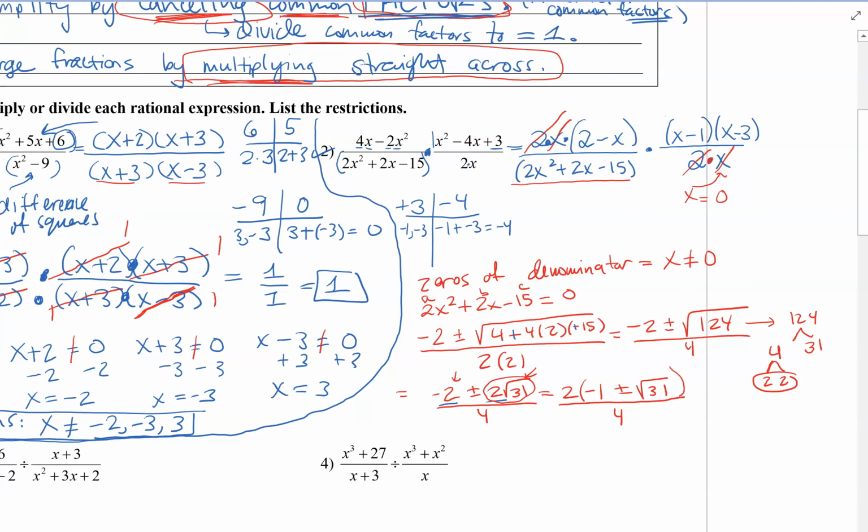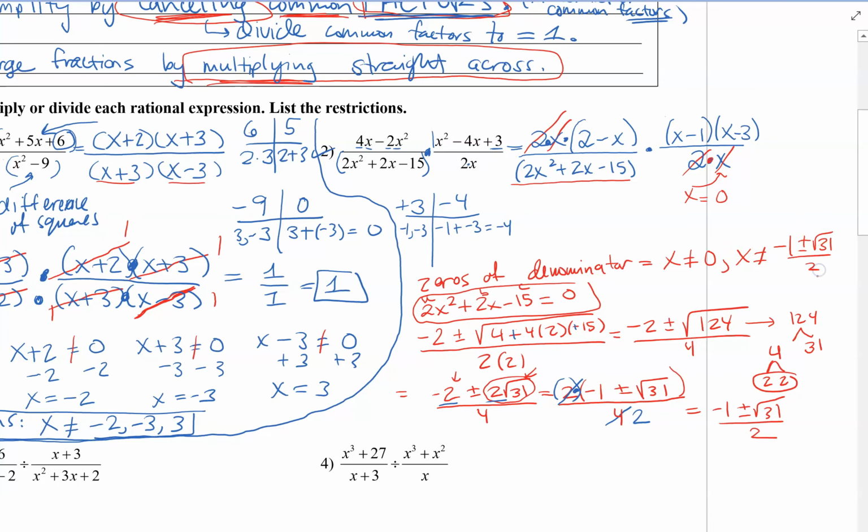Now since this 2 is being connected to the rest of the numerator with multiplication, that makes it a factor, so I can reduce it with the 4. So it looks like my other restrictions, the other values that x cannot be, would be the solutions to this equation here, which are negative 1 plus or minus the square root of 31 all over 2. So x cannot be those numbers either.